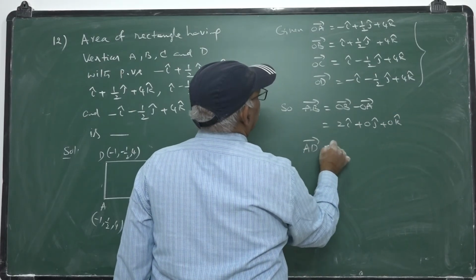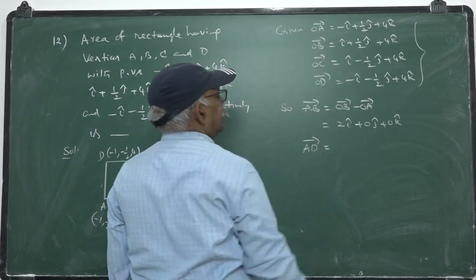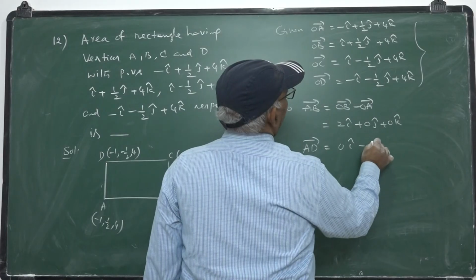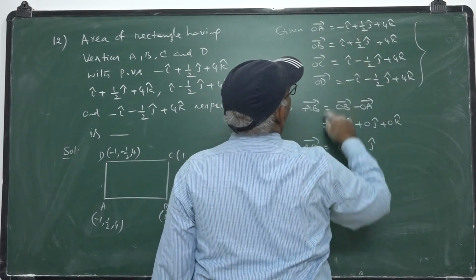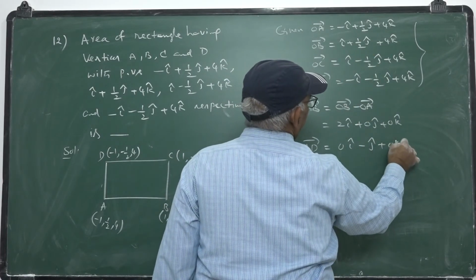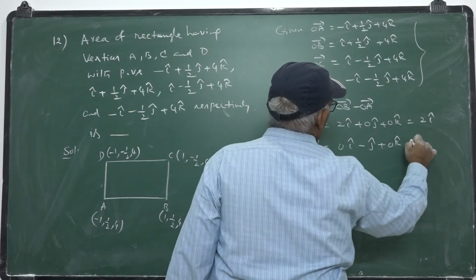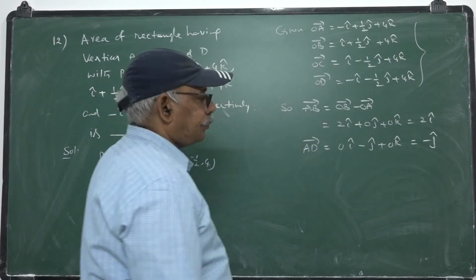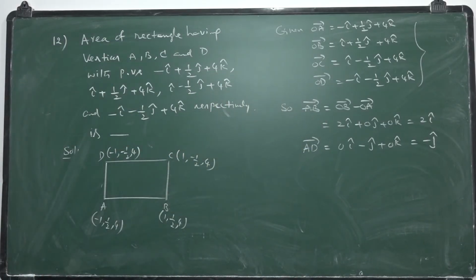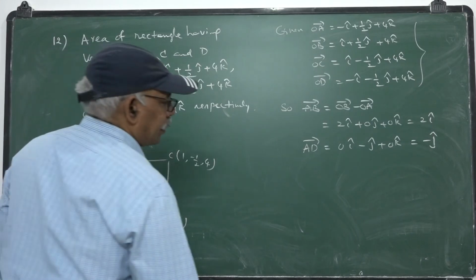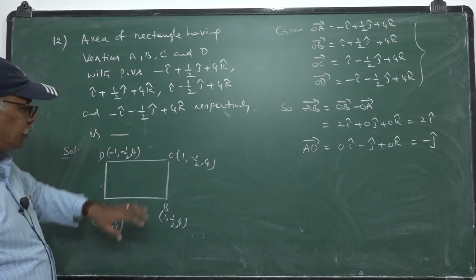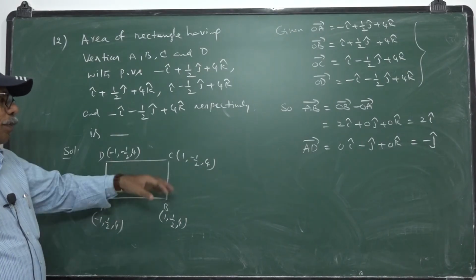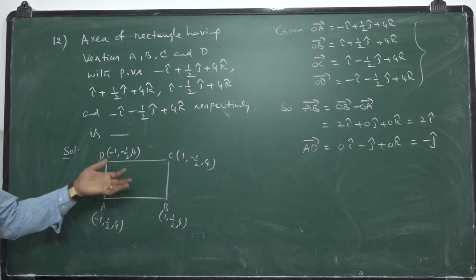AD bar, the adjacent side, is D minus A, which is 0i minus j plus 0k. So AB bar is 2i and AD bar is minus j. The rectangle is also a parallelogram, a special case of parallelogram, so you can apply the parallelogram formula to get its area.